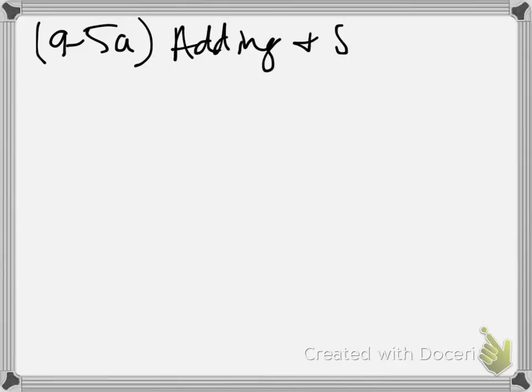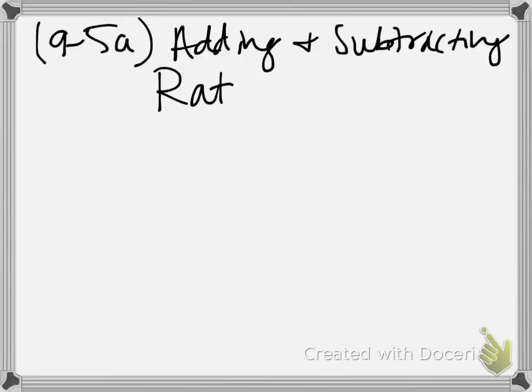All right, so here I have 9-5A, which is adding and subtracting rational expressions.